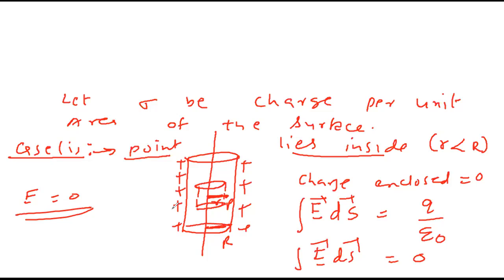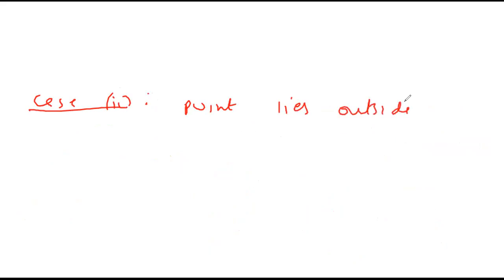Can I clear this? Case 2. Point lies outside. So this is a cylinder charged uniformly.